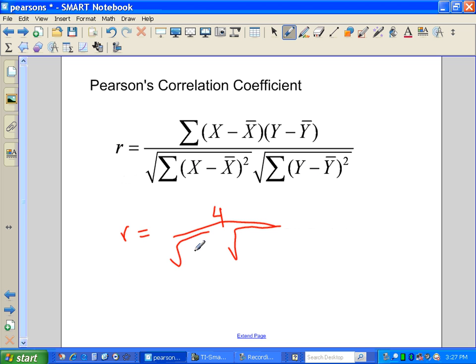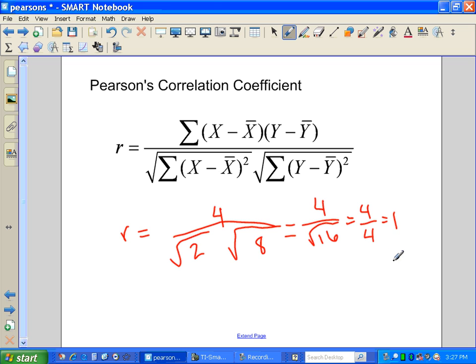So I'm plugging in 2 and 8. If we go ahead and complete this, well, that's still 4 on top. The square root of 2 times the square root of 8 becomes the square root of 16. The square root of 16 is 4, so we have 4 over 4.